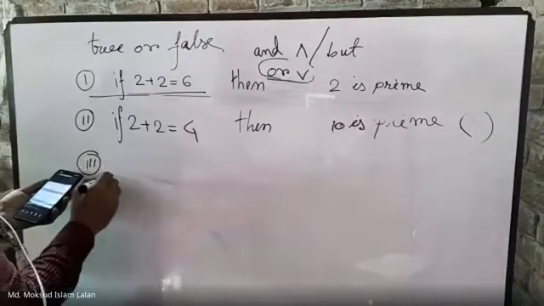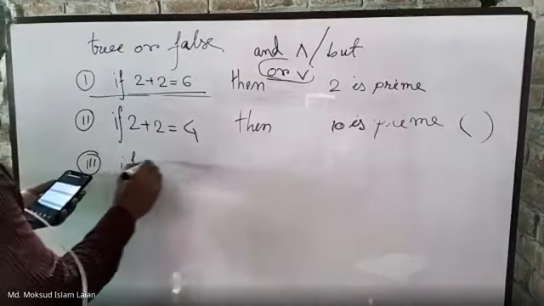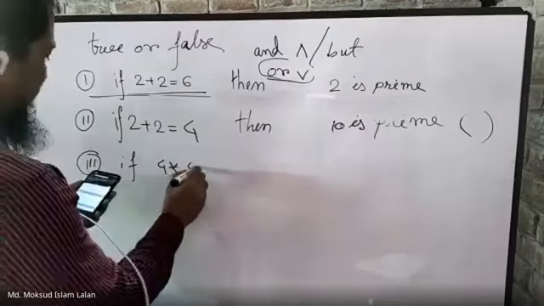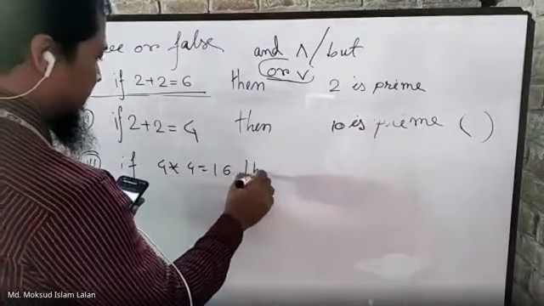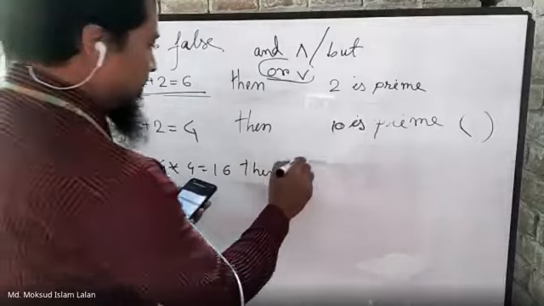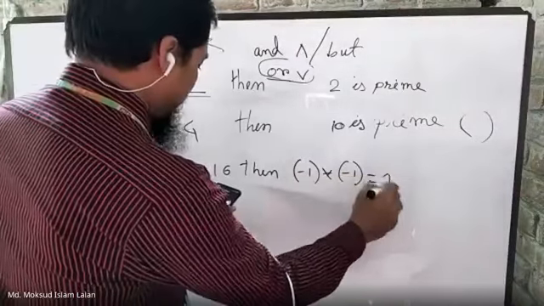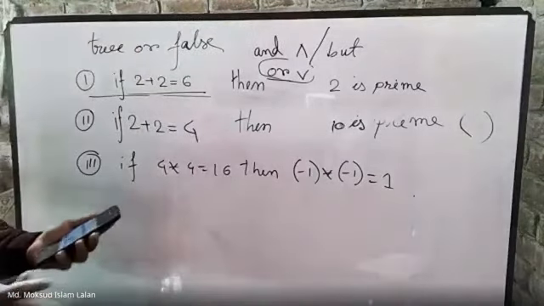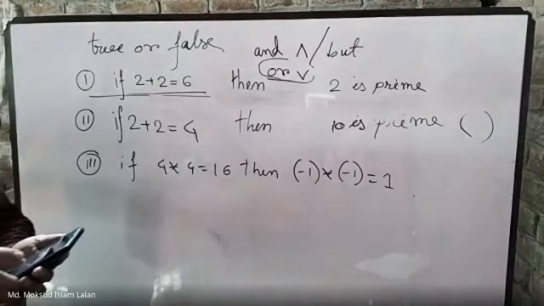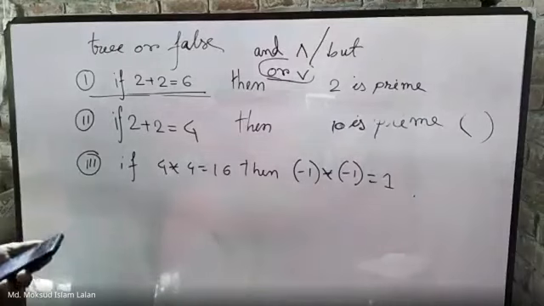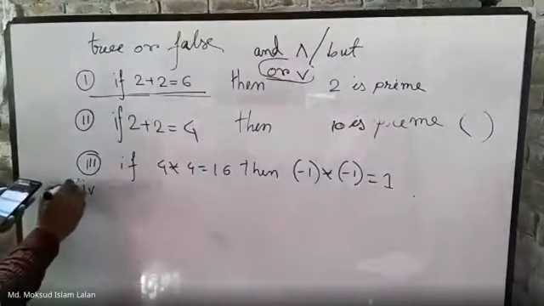Similarly, question number 3. If 4 times 4 equals 16, then minus 1 times minus 1 equals 1. Sir, it's true. Question number 4.